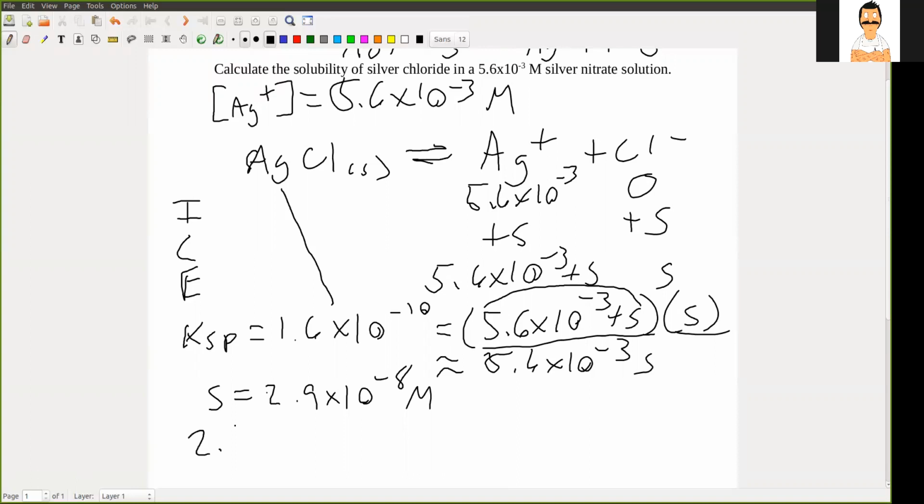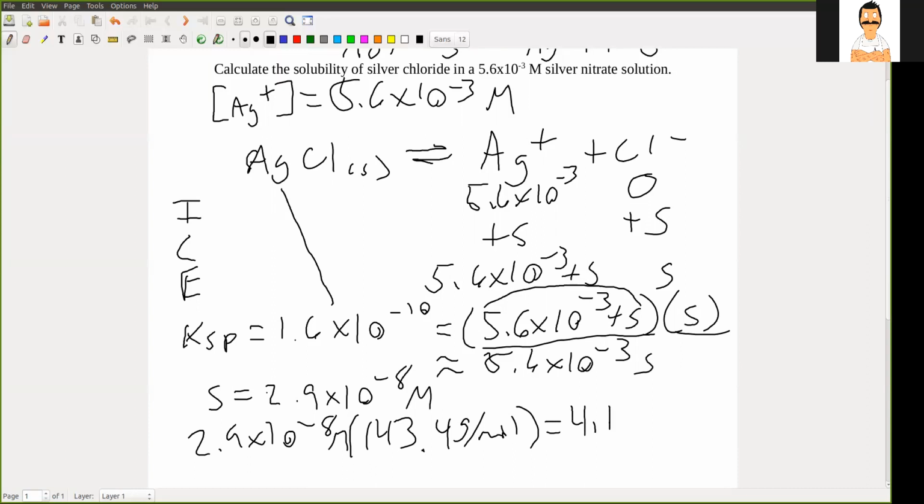So 2.9 times 10 to the minus 8 times 143.4 grams per mole, and this is molar. Molar is moles per liter, so the moles cancel, and we're left with grams per liter.